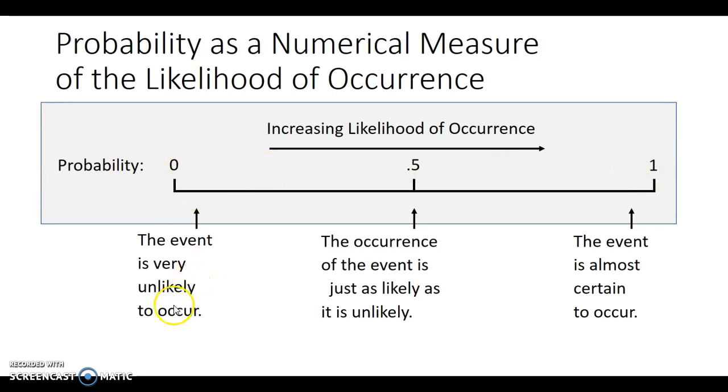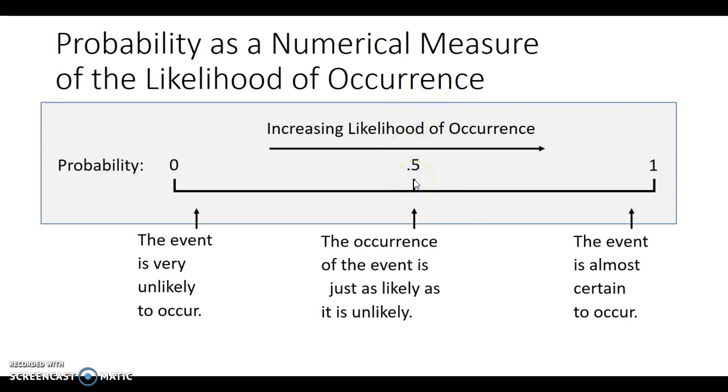If an event is very unlikely to occur, it will have a small probability close to 0. A probability of 0 means that it is impossible, that it cannot occur. On the other side, as the probability increases closer to 1, the event is almost certain to occur. An event right in the middle is 50-50. The occurrence of the event is just as likely as it is unlikely to occur.